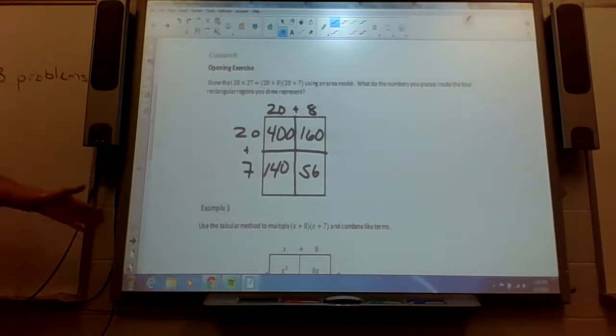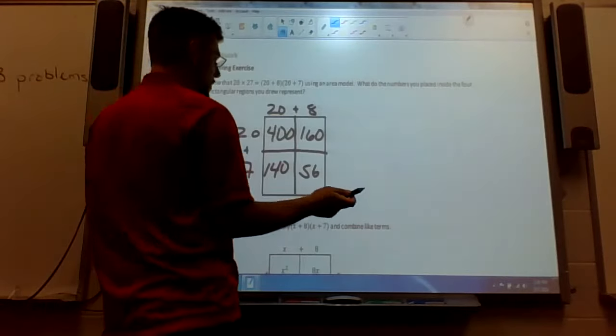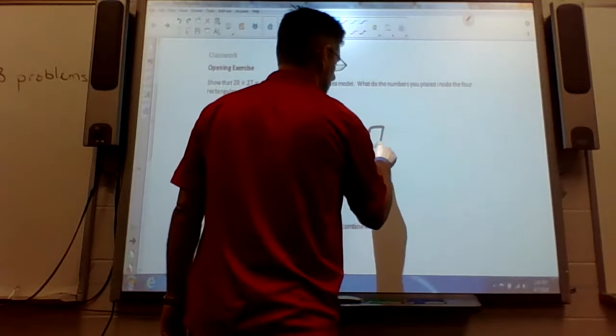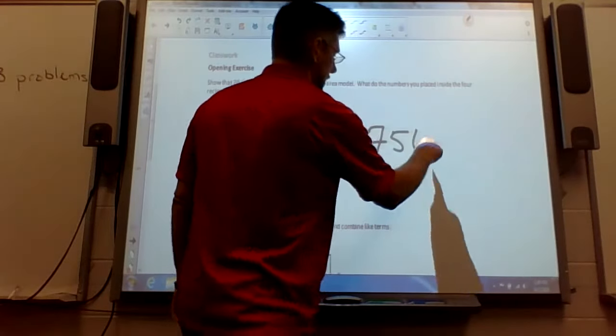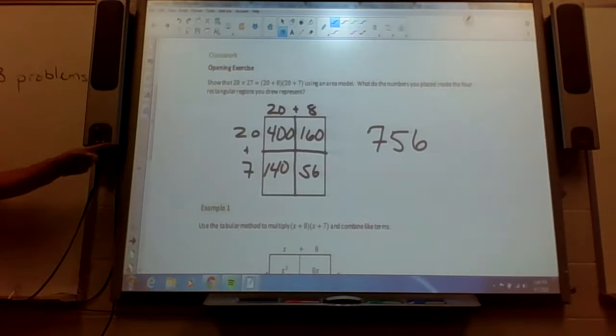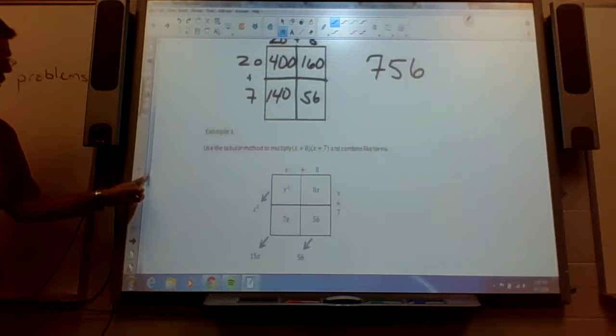And then to find the area of the total, I just add them all together. 160 plus 140, 300 plus 400, 700, 56. 756. There we go.